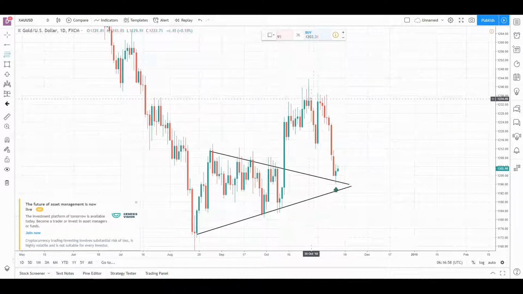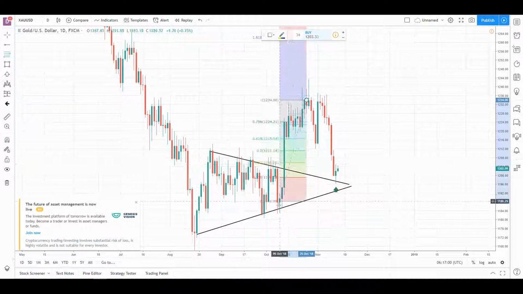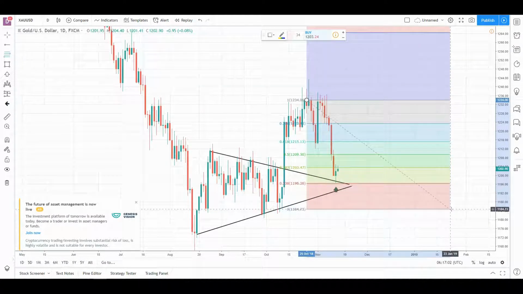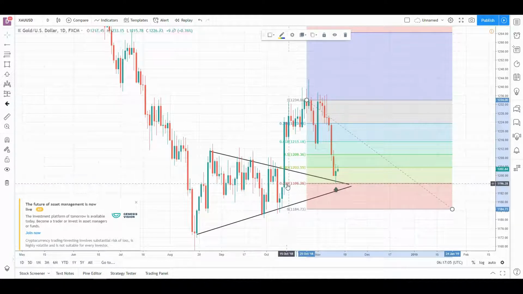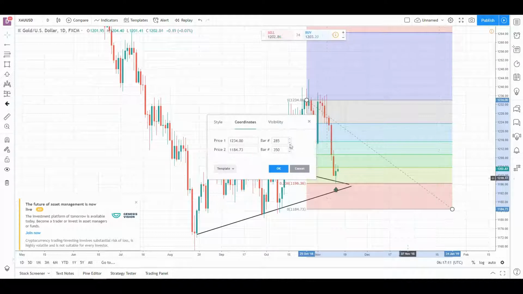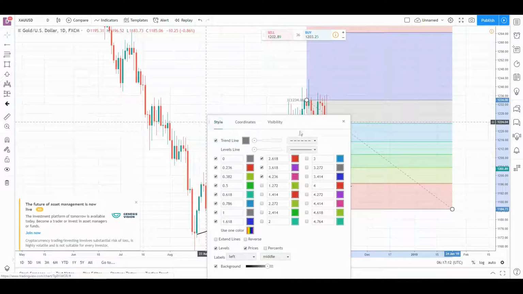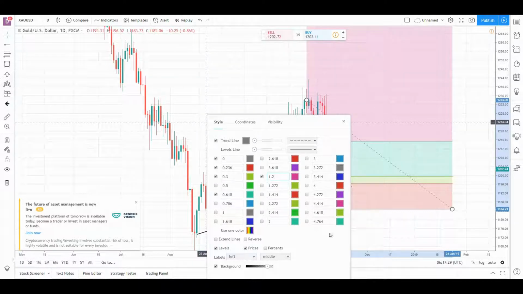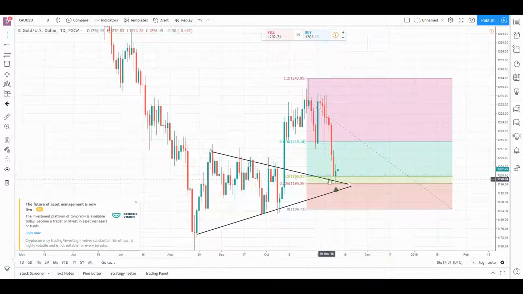And then I want to show you this here. If we take the highs and connect them to the lows, the 23.6 Fibonacci level is right there, and the 30%, which is my favorite, is right there too at the close.